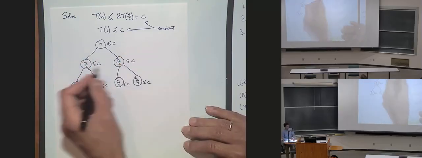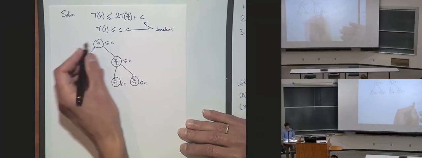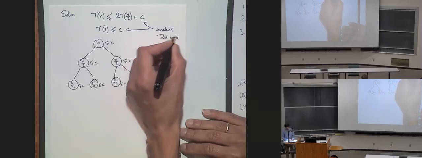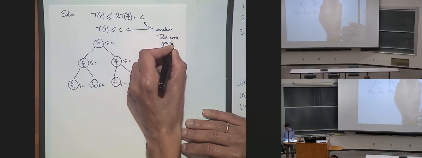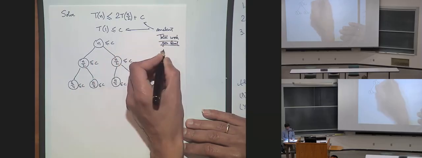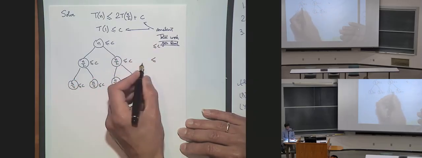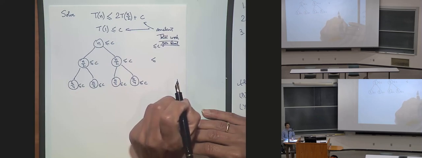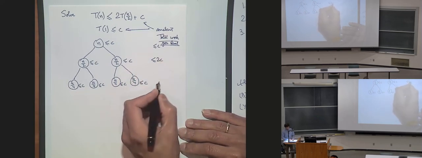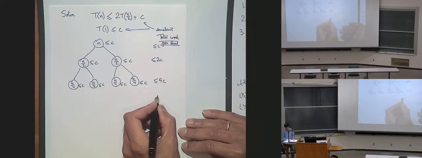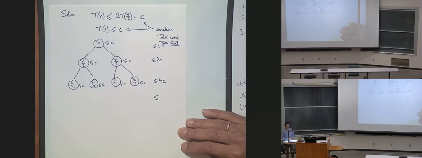Now let's sum over all the levels. So the total work per level over here is at most C. Over here it's at most 2 times C. Over here it's at most, interesting, 4 times C. What's going to be the next one? 8C.